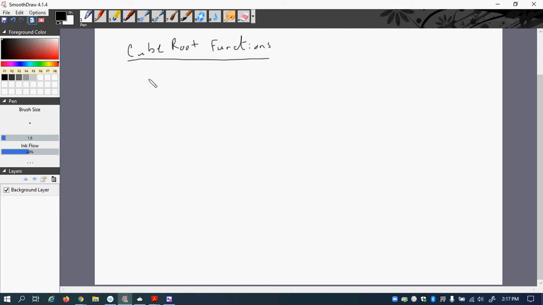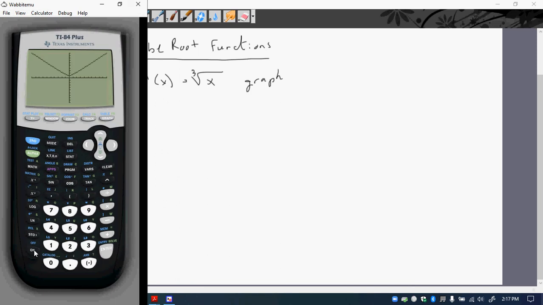Okay, so it looks like f of x equal to the cube root of x. And if we do a graph, you just go to our calculator and go to y equals. We'll clear this out. And there's a couple ways to put in the cube root.